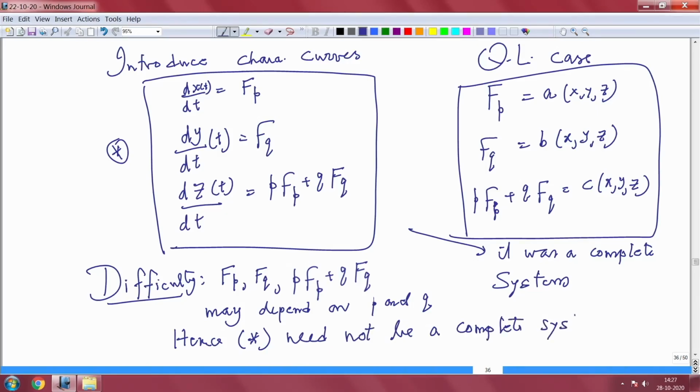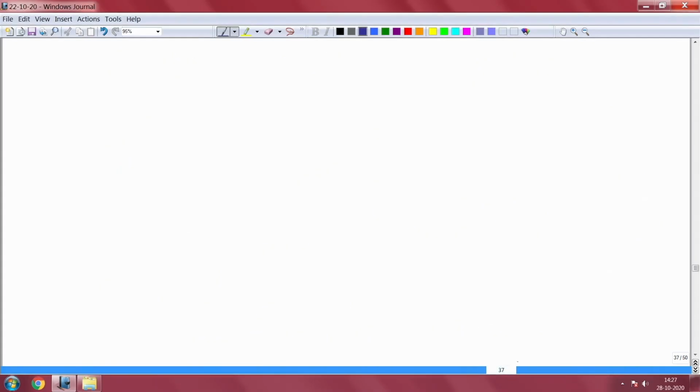And this also suggests you need equations for p and q, that we can derive easily.